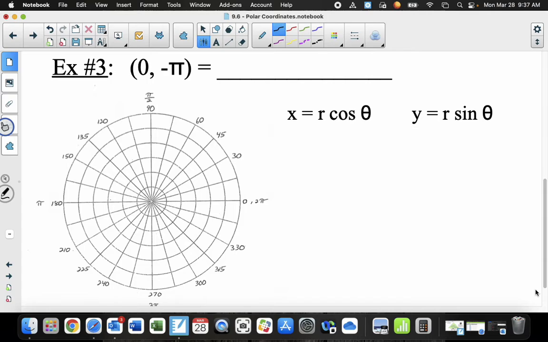Don't overthink this one. Is what I'll tell you. And when you find the x and the y coordinates, it should confirm what you're thinking.